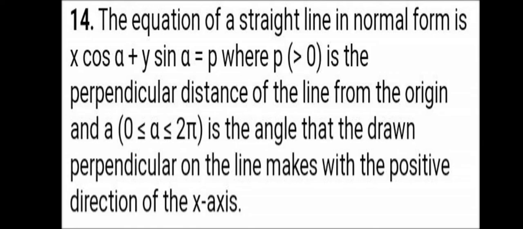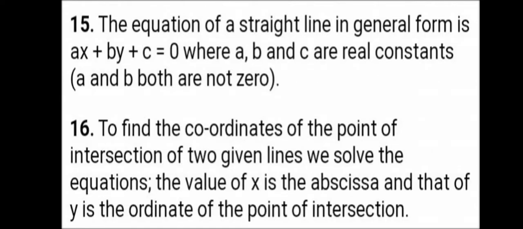The equation of a straight line in normal form is given by x cos alpha plus y sin alpha equal to p, where p is greater than 0 and is the perpendicular distance of the line from the origin, and alpha, which is between 0 and 2 pi, is the angle that the drawn perpendicular on the line makes with the positive direction of the x-axis.